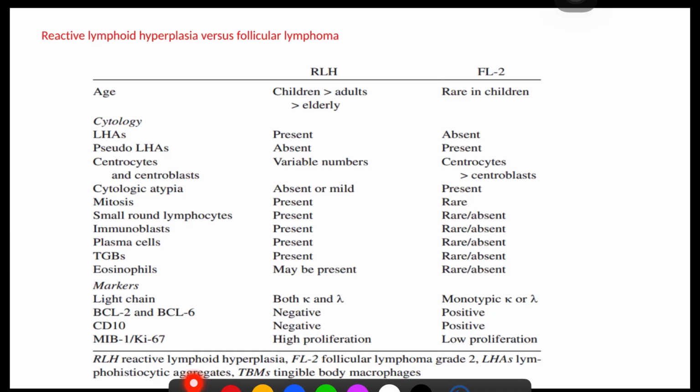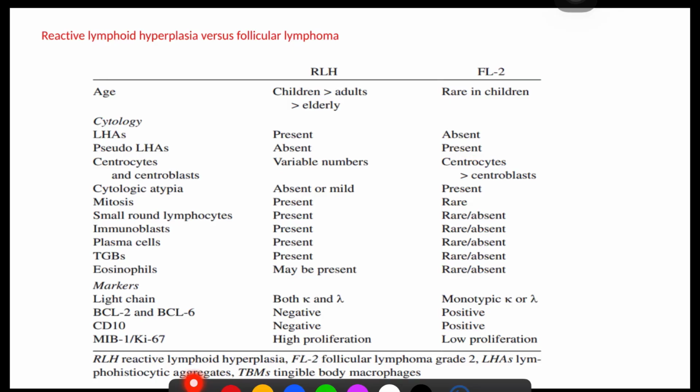Now this is the table showing the difference between reactive lymphoid hyperplasia and follicular lymphoma type 2. In reactive, it is most common in children, then adults, and very less likely in elderly patients. Cytologically, lymphohistiocytic aggregates are present; pseudolymphohistiocytic aggregates, which are absent here, are present in follicular lymphoma.